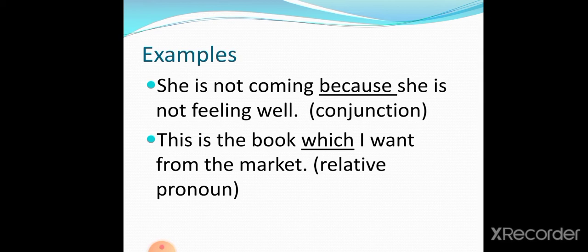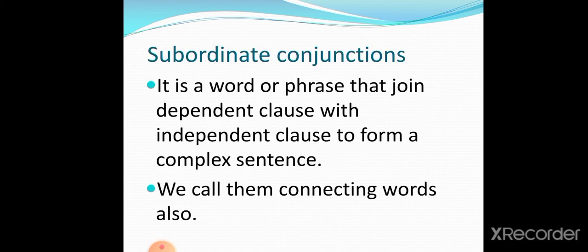In the first one, we have used a subordinate conjunction, that is because, to join the independent clause with the dependent clause. And in the second example, we have used a relative pronoun which to join the independent clause with the dependent clause. Now let us see what are the subordinate conjunctions.